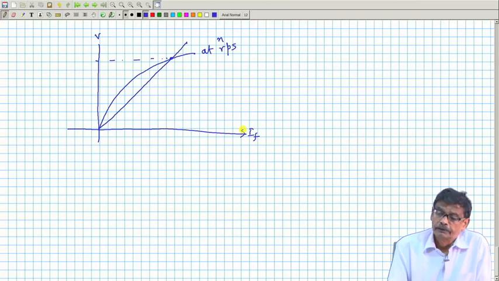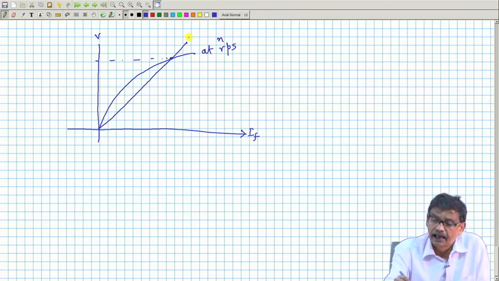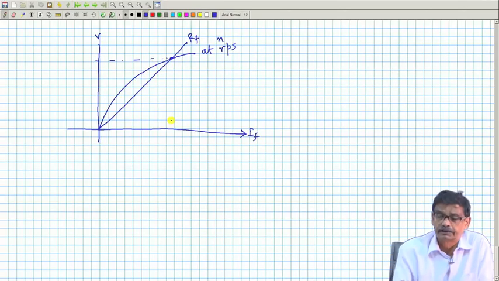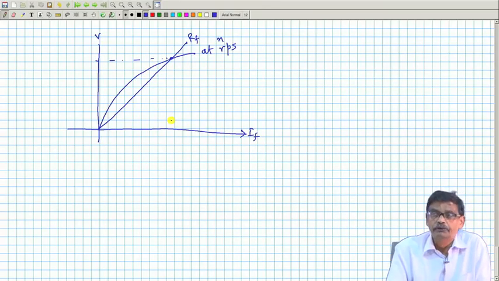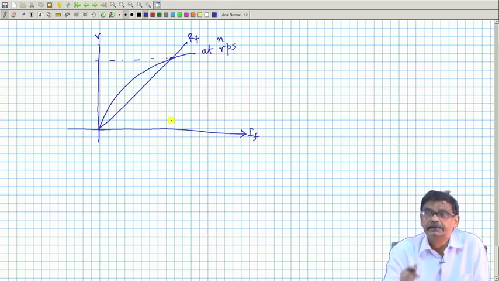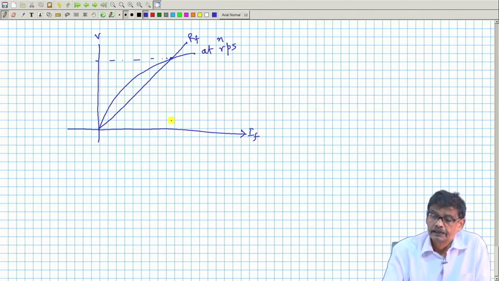Now, imagine that I keep the field resistance whatever it is, for which it generates rated voltage under open circuit, and the speed of the prime mover is decreased.